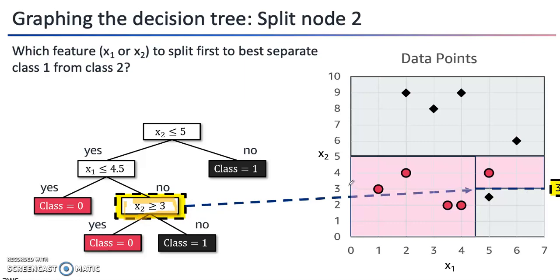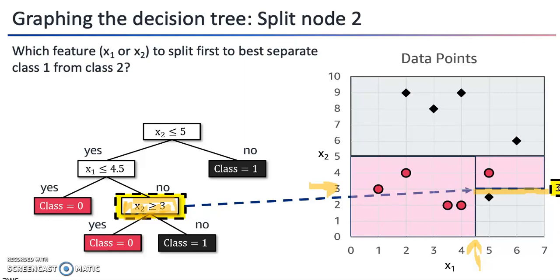We identify that the value of 3 on the vertical axis may serve as yet another threshold to split that region. Basically, we have now subdivided the original plane into 3 regions, and the region defined by 4.5 on the horizontal axis is going to be subdivided into 2 subregions relative to this condition on x2.